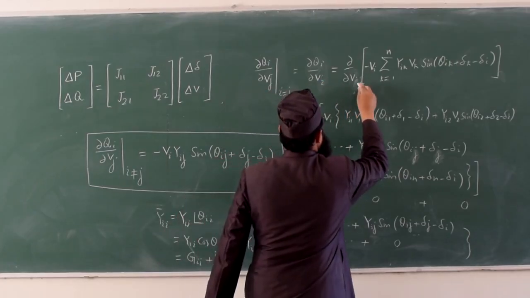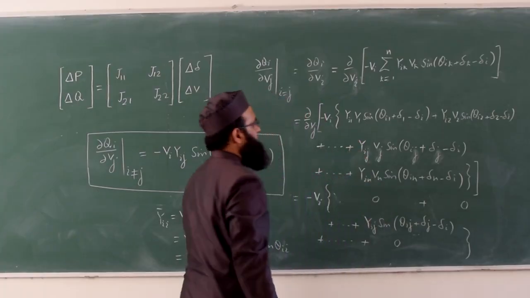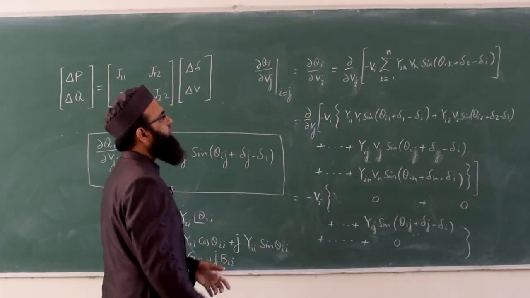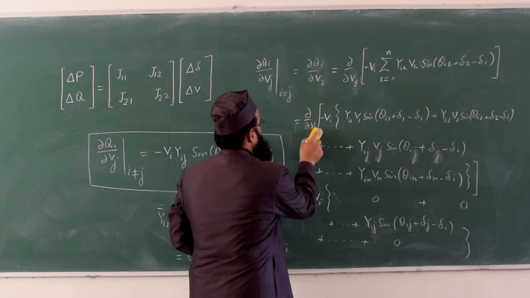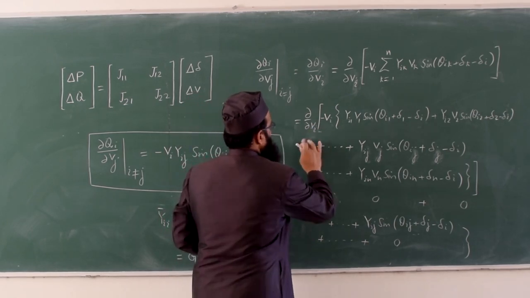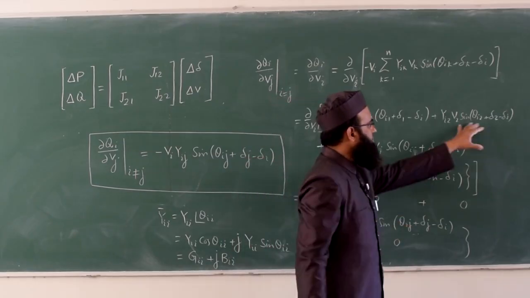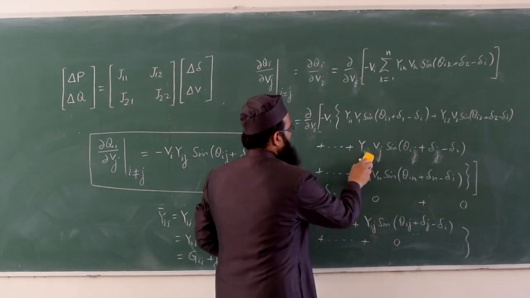So, put here I, and following a similar procedure we will focus on the ith term of this. So, del upon del Vi: first term, second term, and then the ith term.